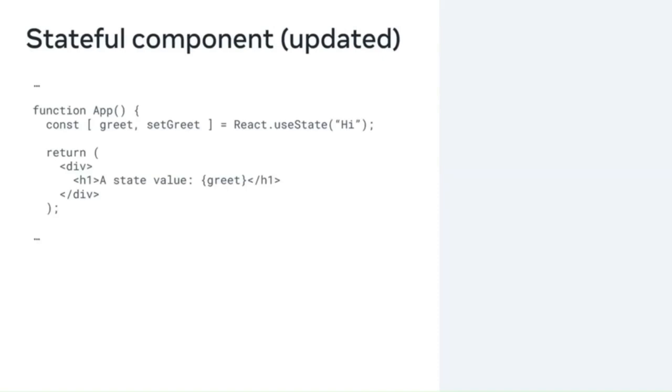Notice that the setGreet function is not actually run. That is something that is done elsewhere. Later in this course, you'll learn about how you can extend this code with a clickable button to update the state. In this video, you learned about state in React, specifically the characteristics of stateful and stateless components in an app.